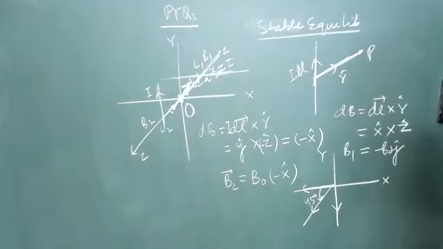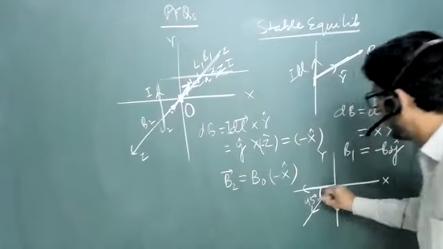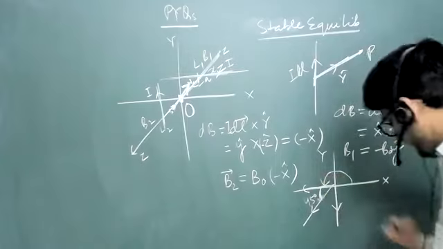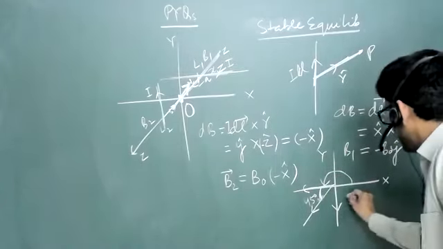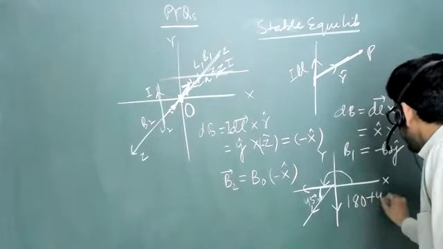Tell me. Yes, sir. This angle, right now I am not making the direction. This angle is 45 degrees. And if you measure it from the x-axis, how much will it be? If you measure it from the x-axis, 225: 180 plus 45.